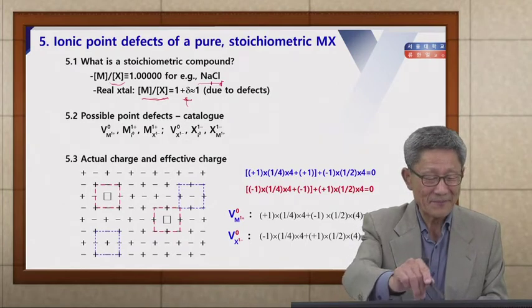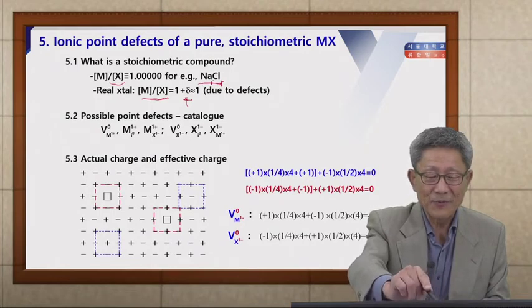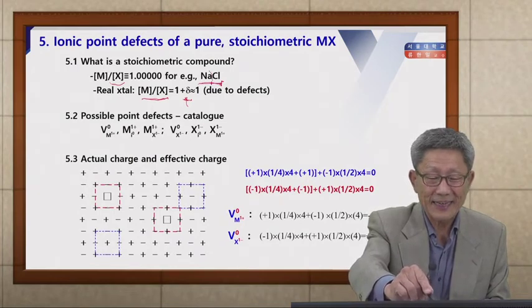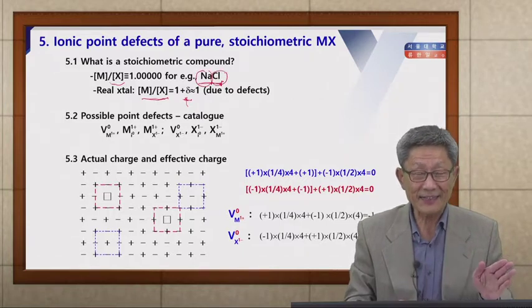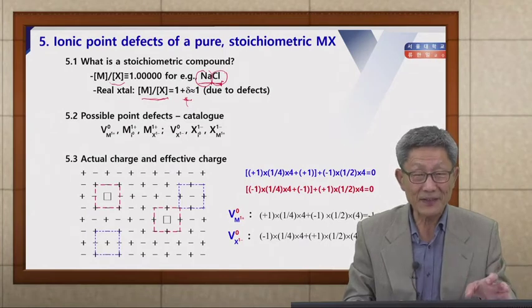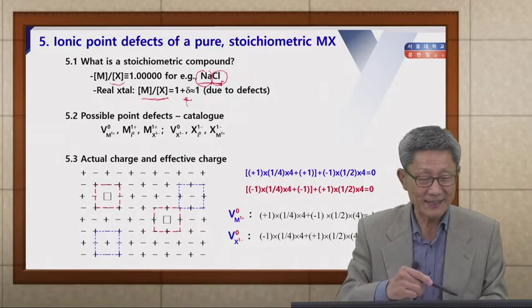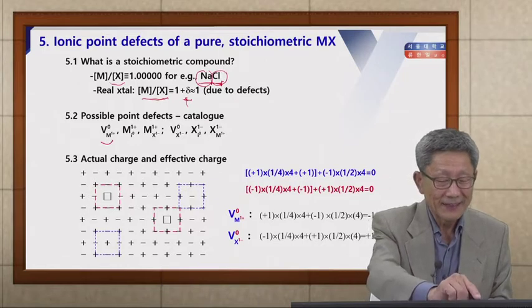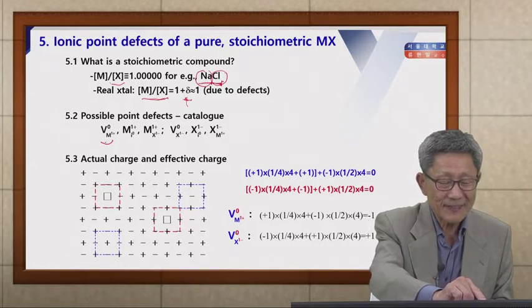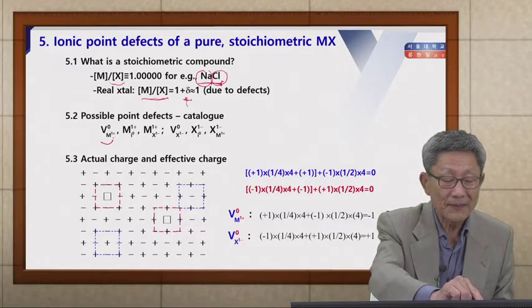Let's catalog them. Okay? Now, for the case of MX or NaCl, we have two sublattices, cation sublattice and anion sublattice. So each sublattice has its own point defects, and then misplaced ions will take place. Okay, you see, missing cation. In ideal structure, this cation site should be charged with positive unit charge, okay?